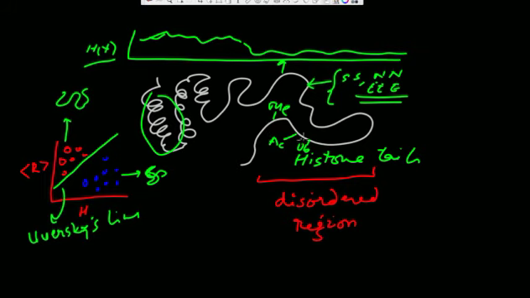Now this tail is rich in lysine and arginine, which are positively charged, right? So these are positively charged amino acids, which is why this region doesn't fold properly into a secondary structure because of repulsion between positively charged amino acids. Secondly, these positively charged amino acids also help this region to bind to negatively charged DNA.